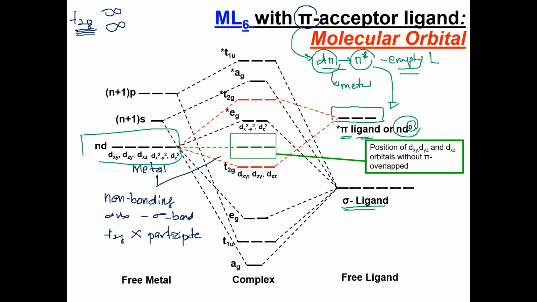The sigma ligands will have 6 orbitals, while the empty pi star ligand will have 3 orbitals. Why 3 orbitals? Because it is T2G.